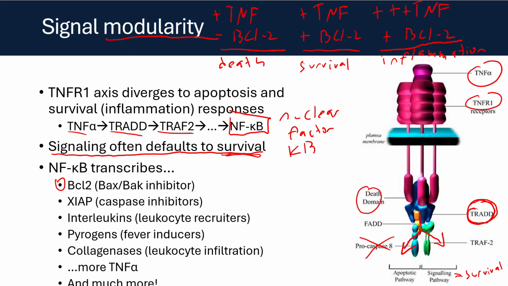Further cementing that response, we will transcribe for XIAP. These are caspase inhibitors. Again, we're going to make apoptosis even more difficult to achieve. We are going to synthesize interleukins, leukocyte recruiters. If the cell is in trouble and is in defense mode, we're going to call over the infantry and try to get it to help us.